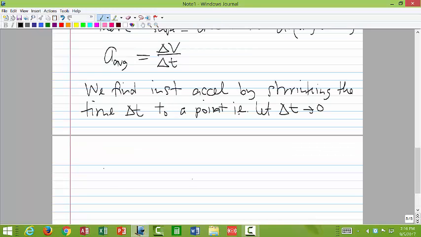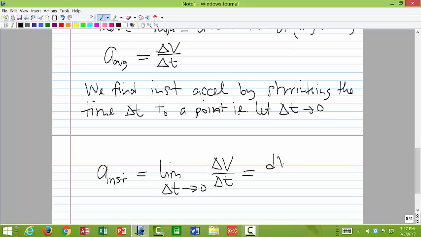So what that means then is that A instantaneous is equal to the limit as delta t goes to 0 of the average acceleration, which is change in velocity with respect to time. So we can rewrite this as dv dt.